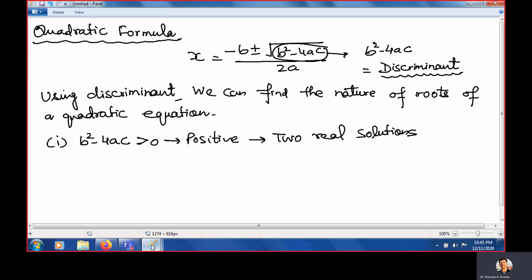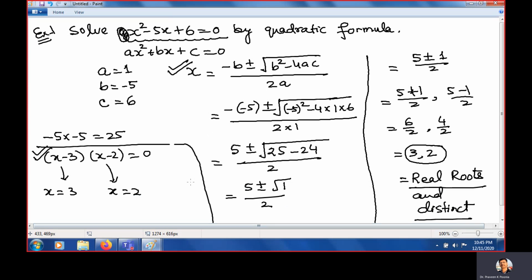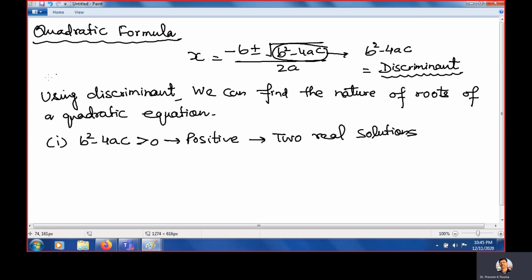Like I told you first, two real solutions, like 2 and 3 were the answers. Two real solutions, 2 and 3. Clear? This is the one. Okay. Case number 2: if b square minus 4ac is equal to 0, then we will get one real root, one real solution.